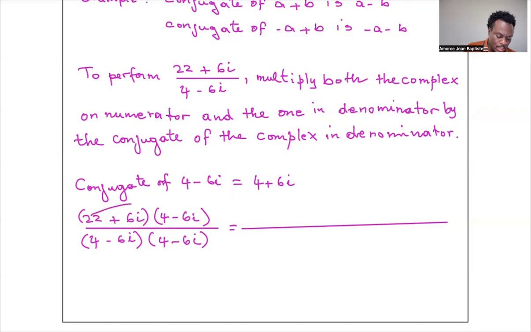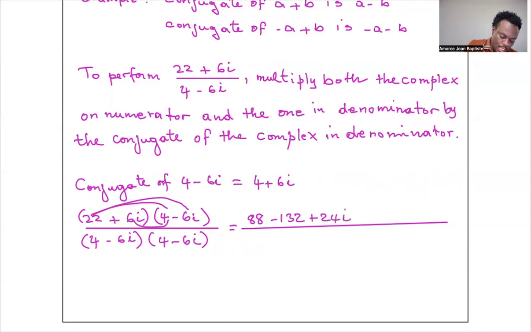That is 22 times 4, 88. 22 times negative 6, negative 132. 6 times 4, 24, plus 24i.